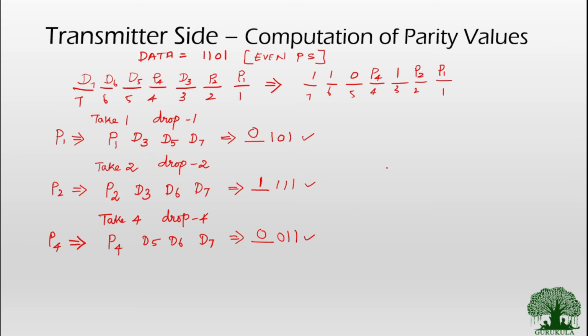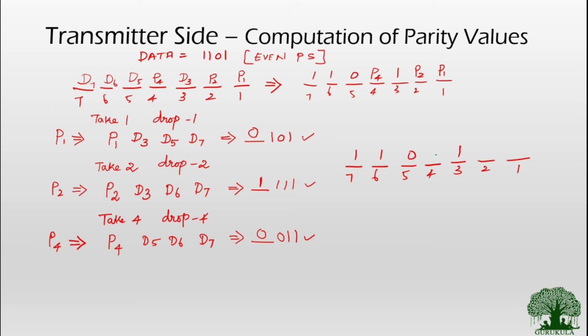Now let us see what the code word will be which I have to transmit from the transmitter side to the receiver side. I have 7 positions: 1, 2, 3, 4, 5, 6 and 7. This is the first position, second, third, fourth, fifth, sixth and seventh. We know that I have data bits in these positions, and now I have to fill in the parity bits which I calculated previously.